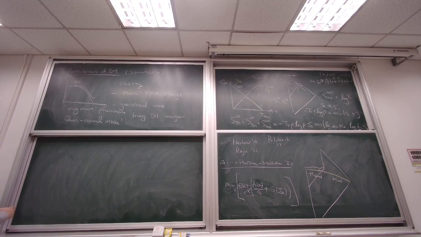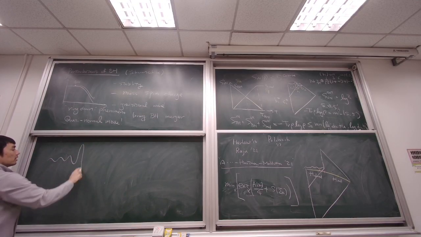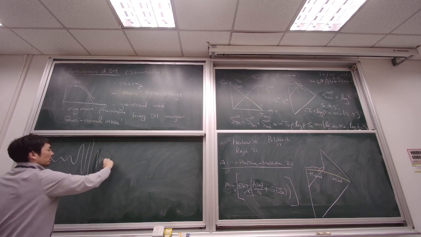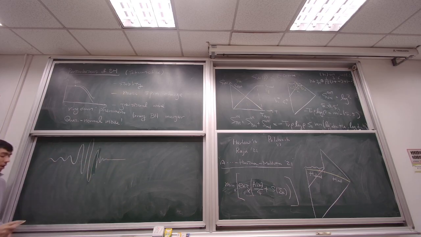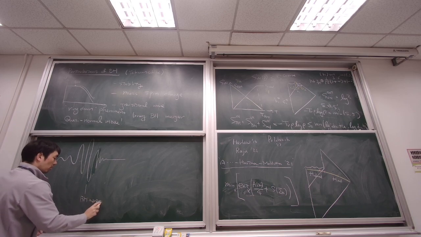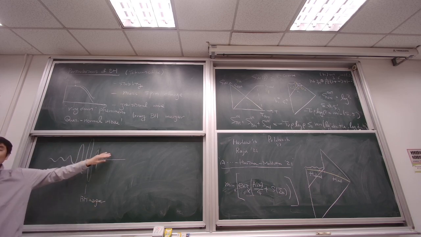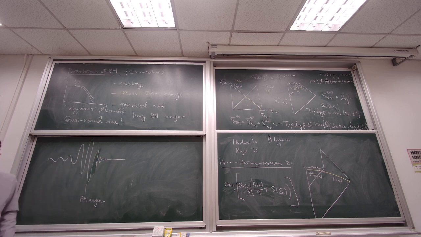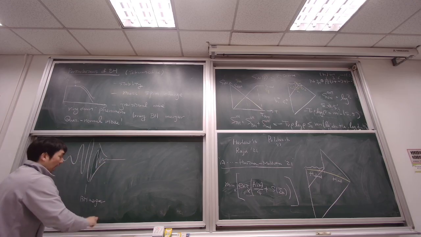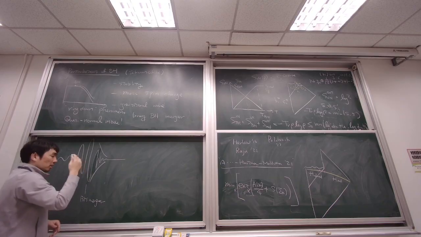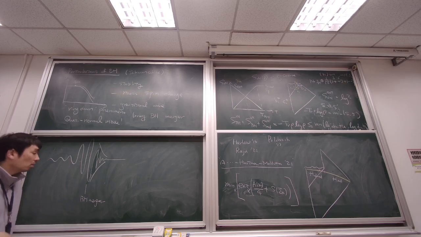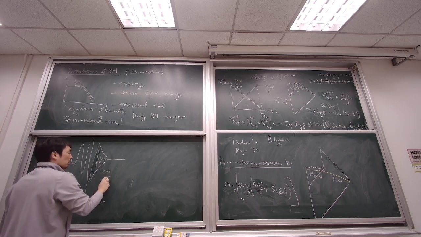If you look at the LIGO signal, after the black hole merger occurs around this point, the gravitational wave just decays. The amplitude decays, and the frequency is determined by the perturbation of the black hole.